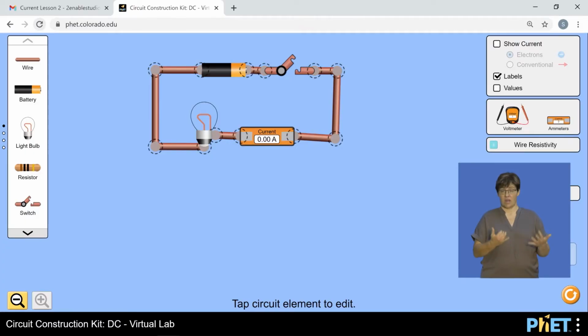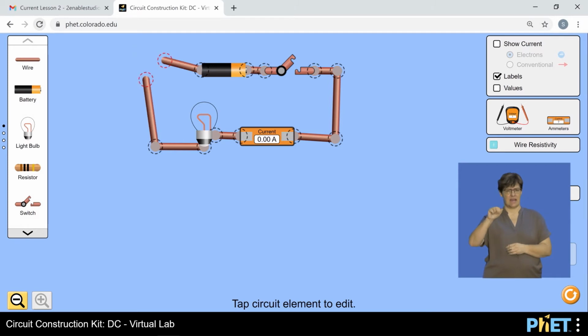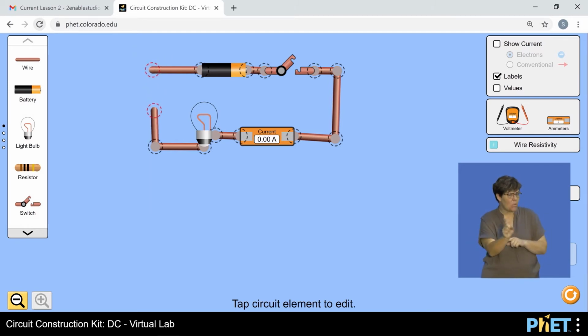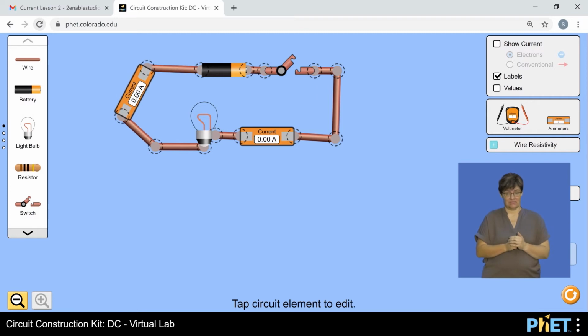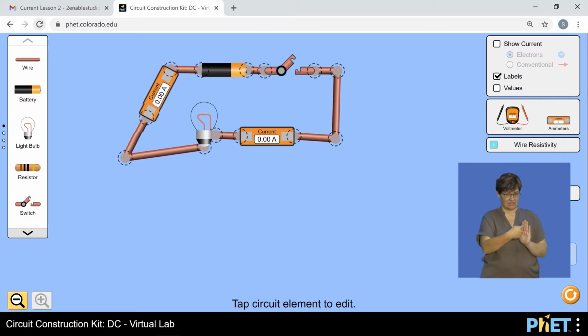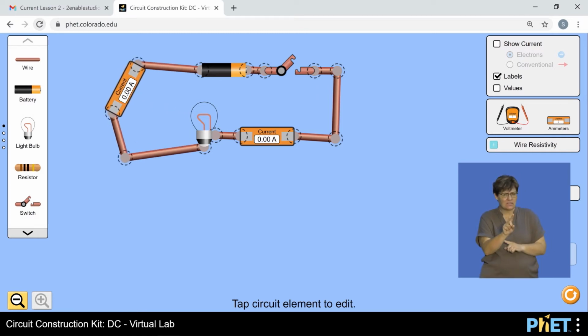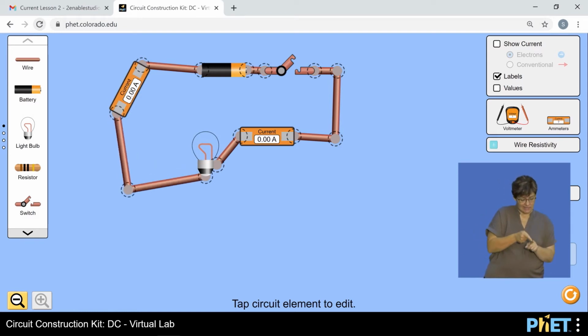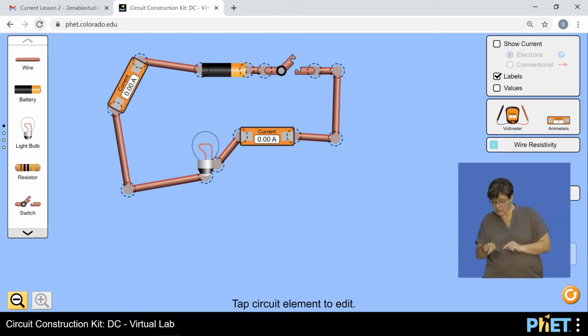Now back to the simulation, let's add another ammeter again here and see how we want to discover something very important about current. We'll add another ammeter onto this circuit just to get a sense of exactly what happens when current flows through a circuit, right?